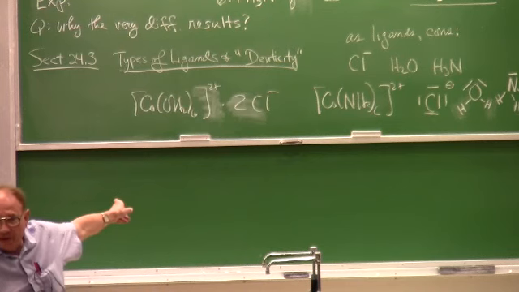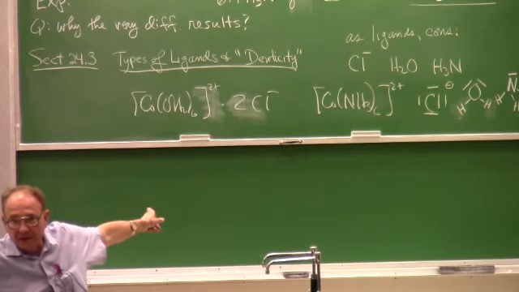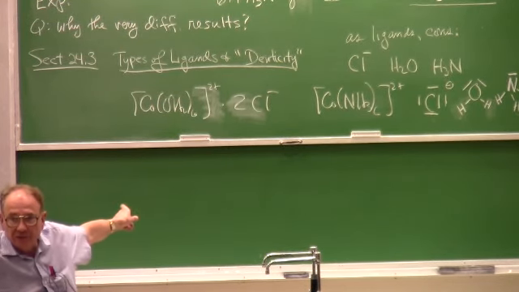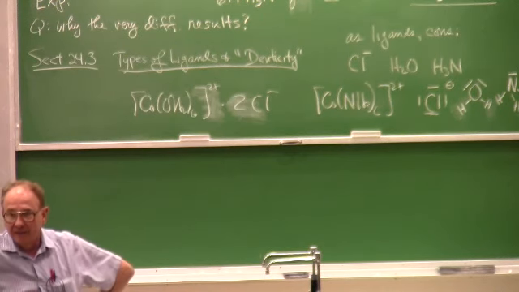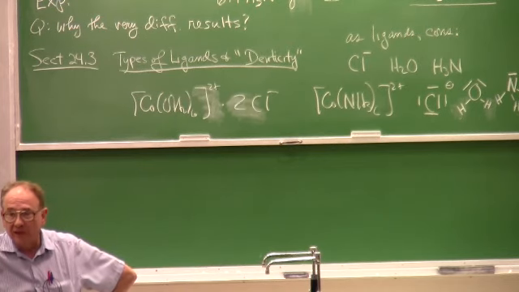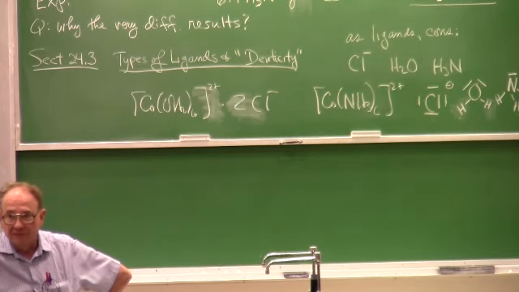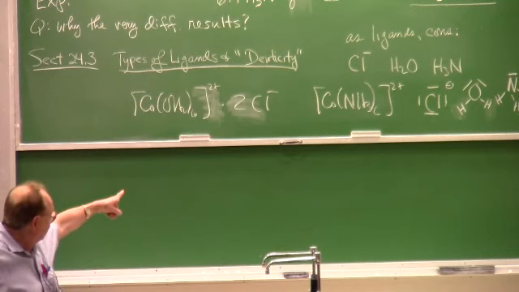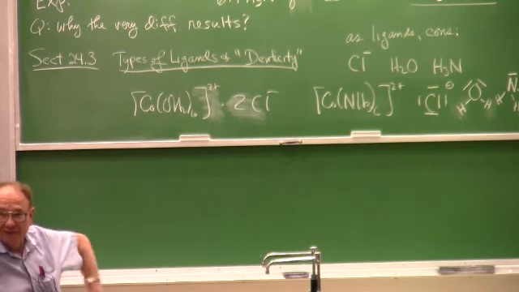Chloride ion, four non-bonding pairs, regarding interaction with cobalt-3, has shown itself to be the weakest ligand. Ammonia with only one non-bonding pair, the strongest ligand.